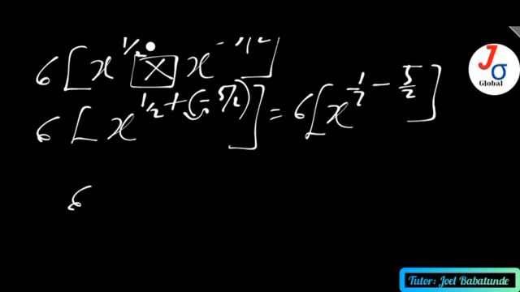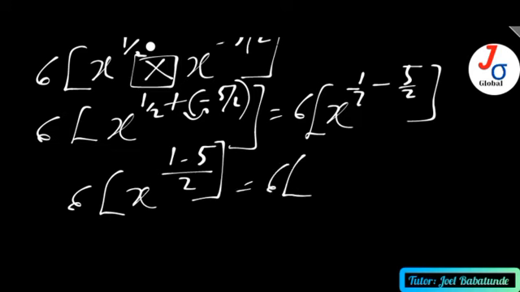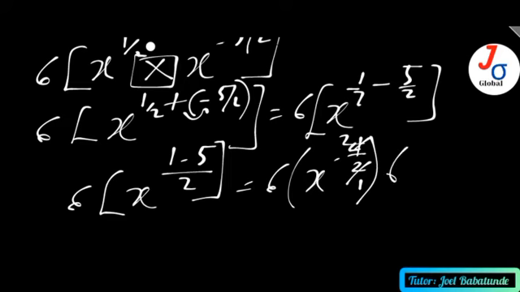Plus times minus gives us minus, so that becomes 6 into x to the power of half minus 5 over 2. The LCM is 2, that's 1 minus 5, which is minus 4 over 2, and that's 2 ones are 2, so it becomes 6 into x raised to the power of minus 2.